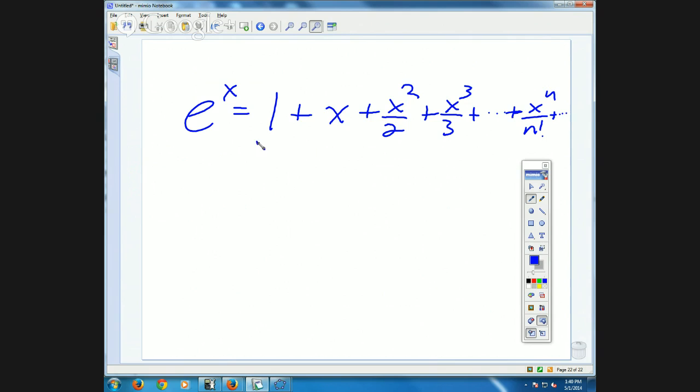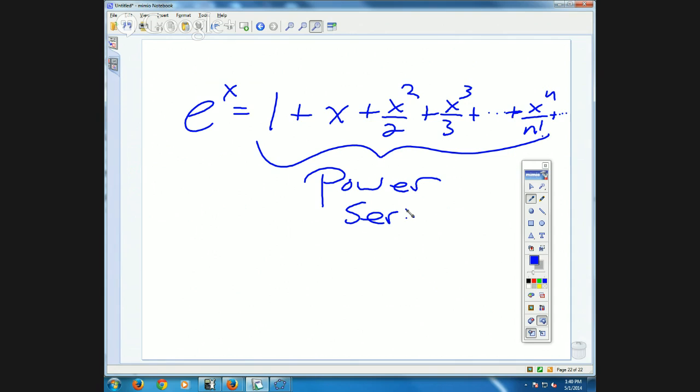Now, this is a power series, isn't it? We found the radius of convergence of this. Anybody recall what it was? We applied the ratio test to this earlier in class. It's infinite. So if e to the x is really equal to this, it is so for all real numbers.